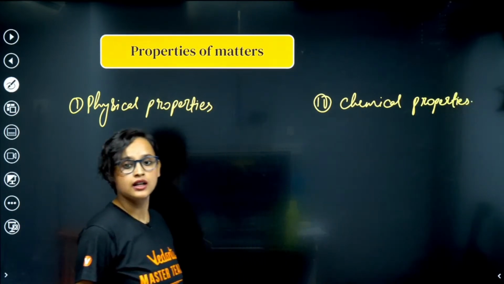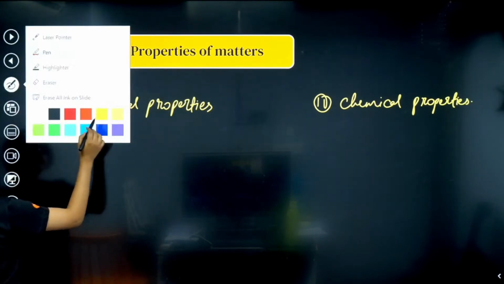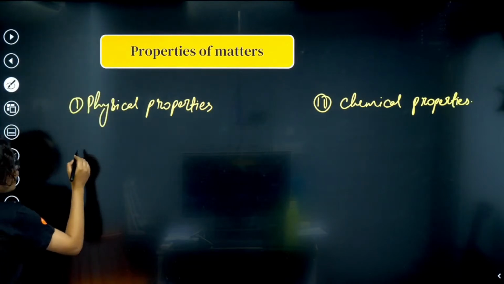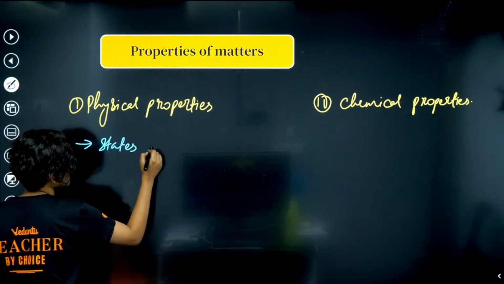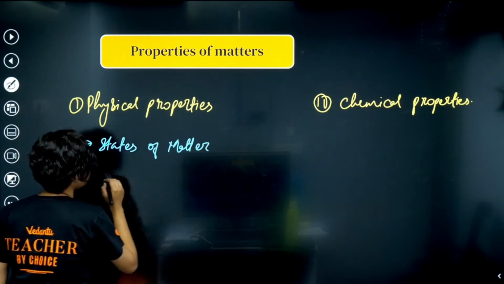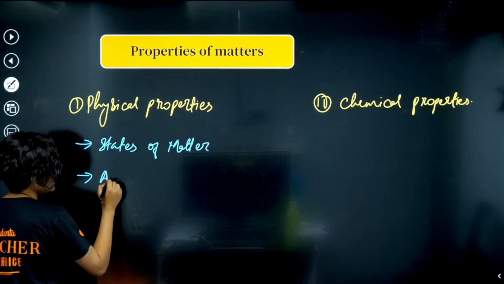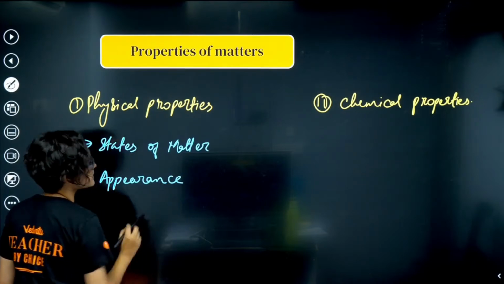Now, in case of physical properties, what are the things that we talk about? In physical properties, we talk about obviously states of matter. We talk about appearance, and so on.